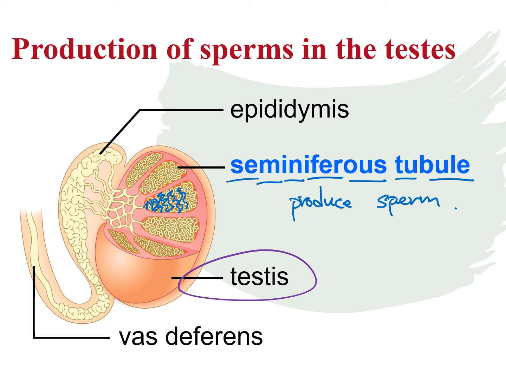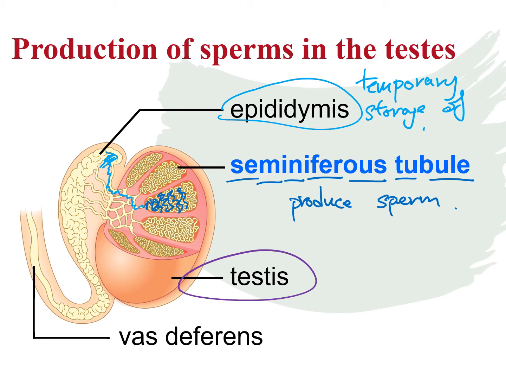Once sperm are produced in the seminiferous tubules, they will be transported to the next part, which we call the epididymis. The epididymis is a crown-like structure on top of the testis, helping with the temporary storage of sperm.